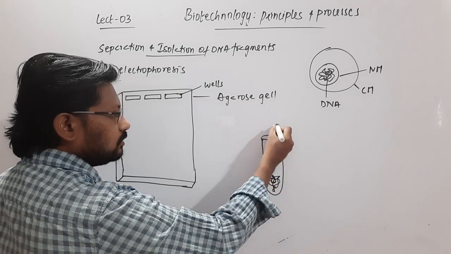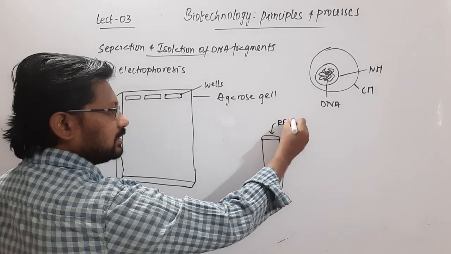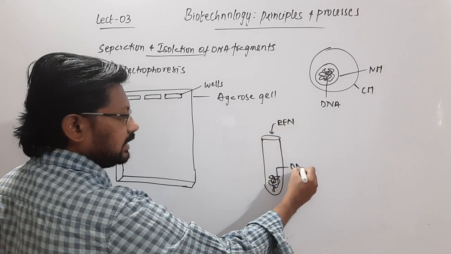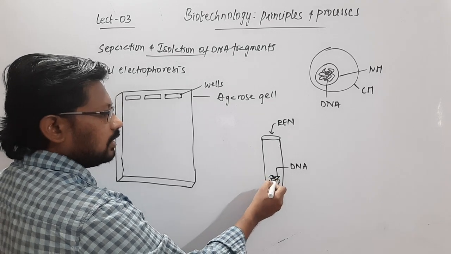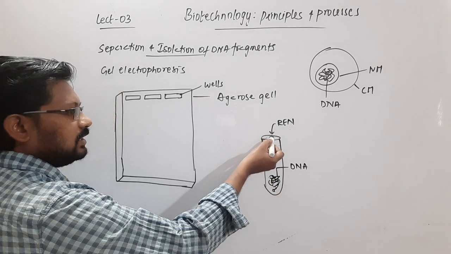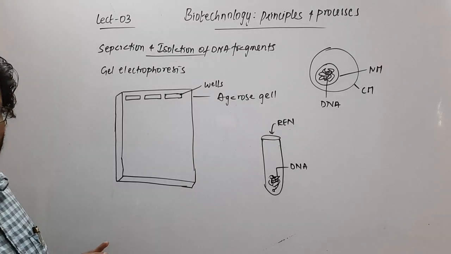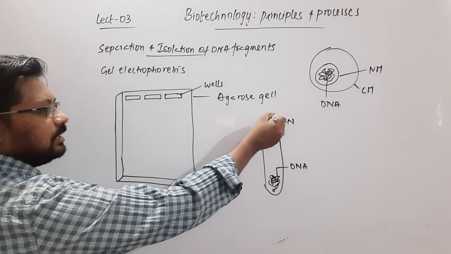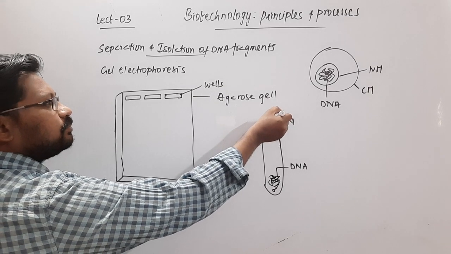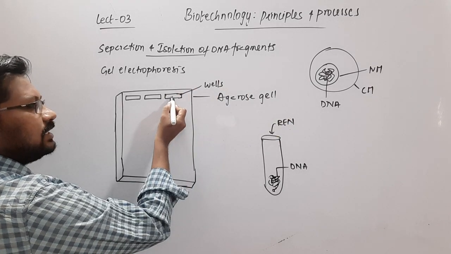Now I told you that I have taken that purified DNA into a test tube, and then I have added the restriction endonuclease. So this is the DNA. Now what happened is it has cut the DNA into fragments. This fragmented DNA, after treating with restriction endonucleases, I'm going to put into these wells.